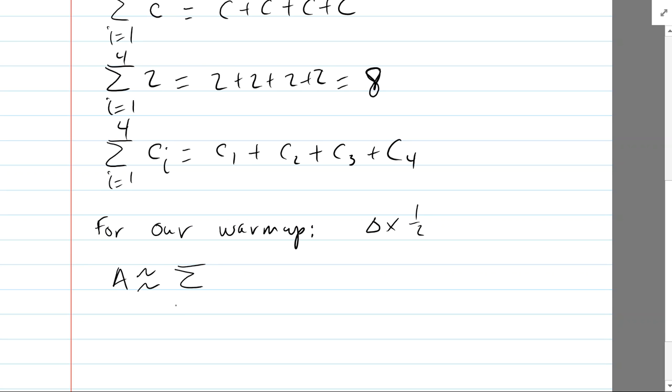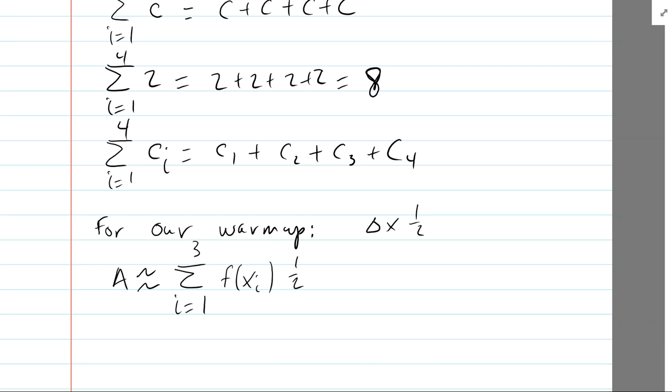How many subintervals did we do? 3, right? And then it would be our function value at whatever x was for the first rectangle and the second rectangle and the third rectangle. The rectangle number is the I, the iteration number. And then our delta x was 1/2 every single time, so it's just times 1/2. Is that another way of writing that notation that we did?